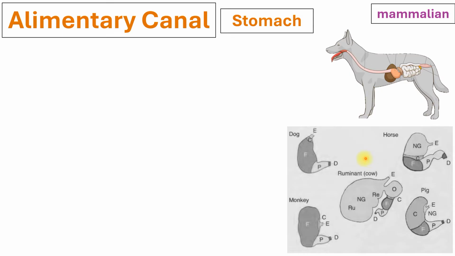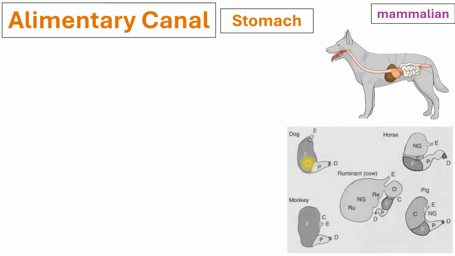For example, normally in carnivores such as your dog, the fundic region is the most well-developed area or the largest area, the glandular area. I mean the biggest glandular part. Okay, although your cardiac and pyloric areas are also glandular, your fundic area will have the most developed glands.